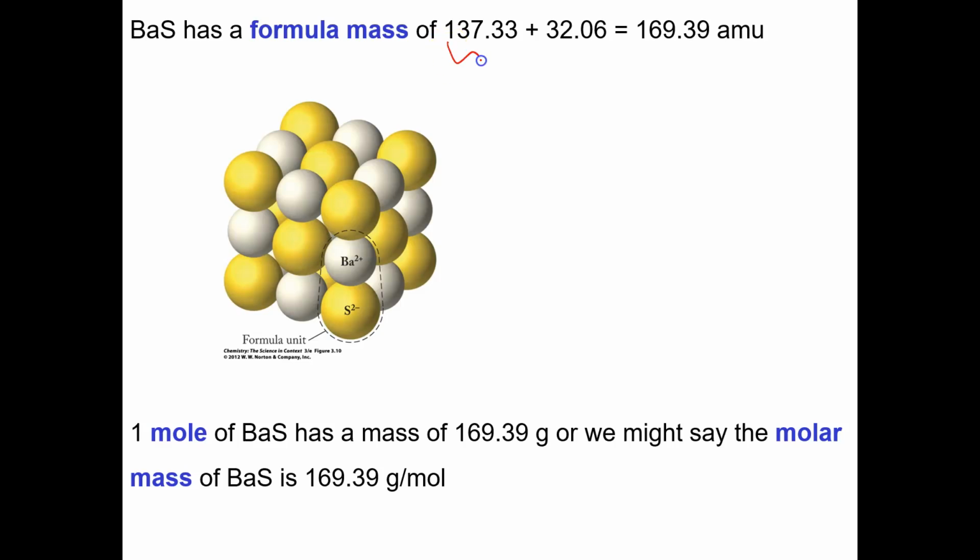We did this by adding together the mass of 1 barium and 1 sulfur. So that means we know that a whole mole of barium sulfide will have a mass of 169.39 grams, or more commonly people will say the molar mass of barium sulfide is 169.39 grams per mole.